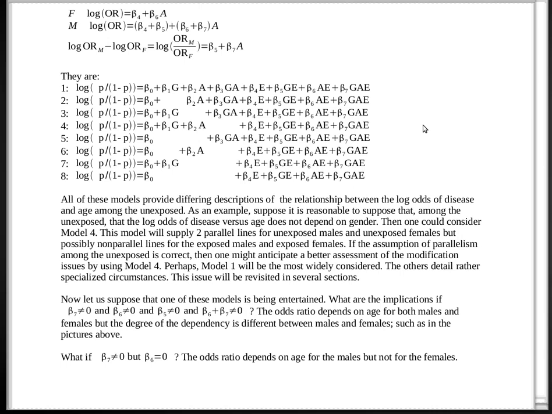Well, it turns out that some of the other regression coefficients come into play here. Some of the other regression coefficients now need to be considered in order to get the description correct. And I hope I can illustrate that for you fairly clearly as we proceed here.